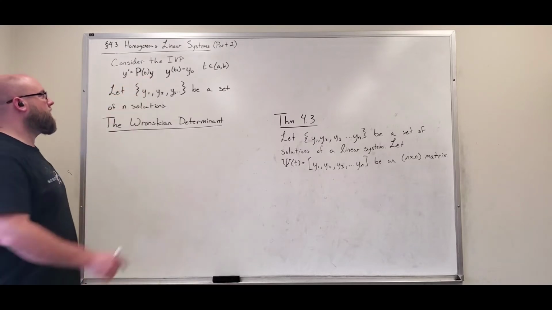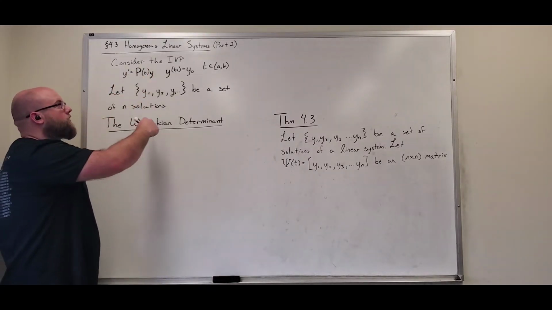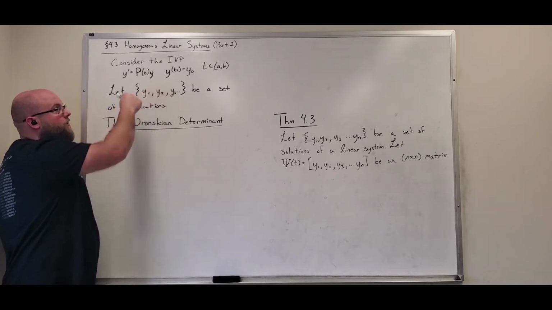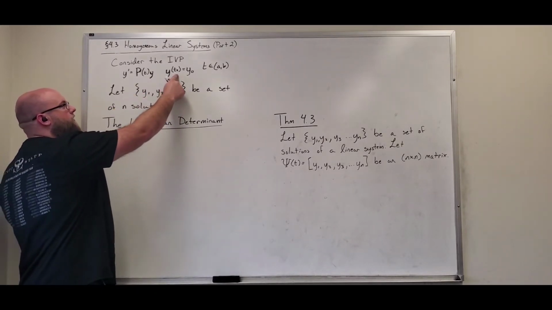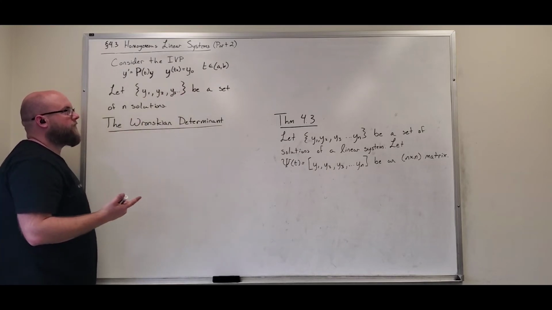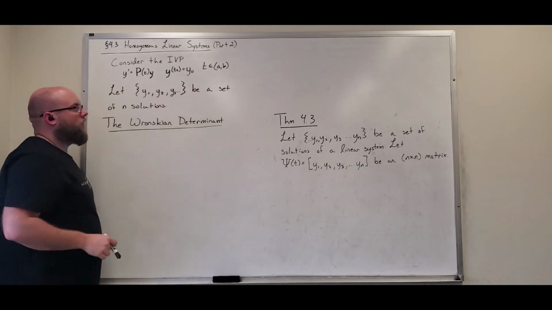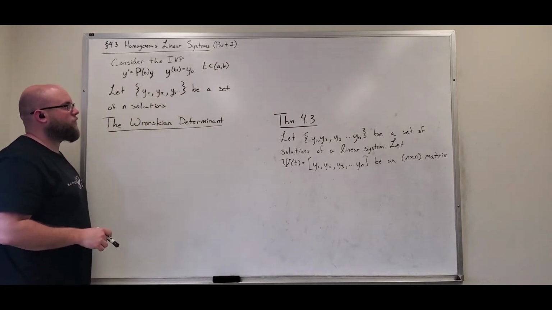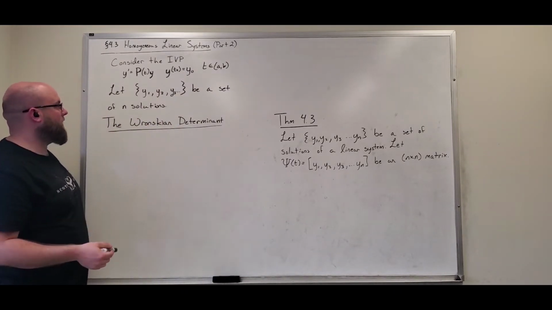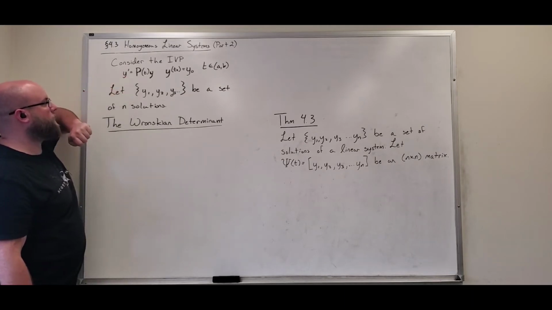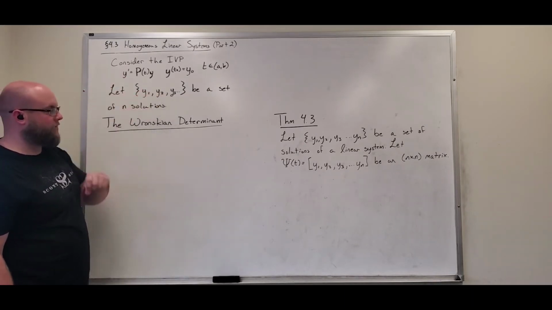This is an n by n matrix, this is our vector y, and then we have the initial value problem y of t0 equals y0. These are again in vector format, on some interval from a to b. And we're going to let this set be a set of n solutions. Again, these are vector functions.